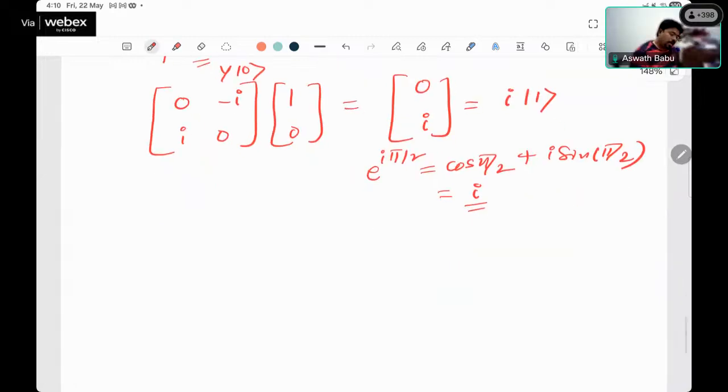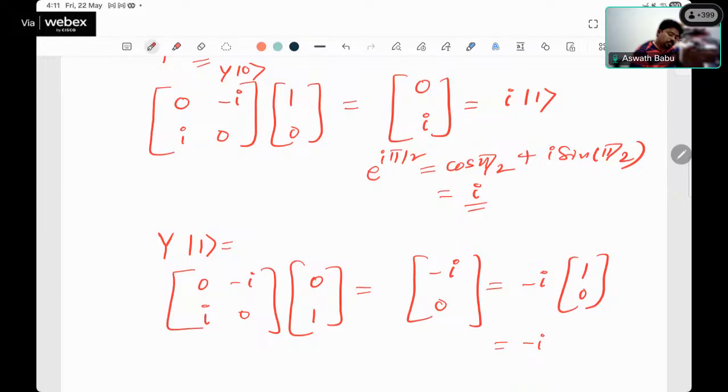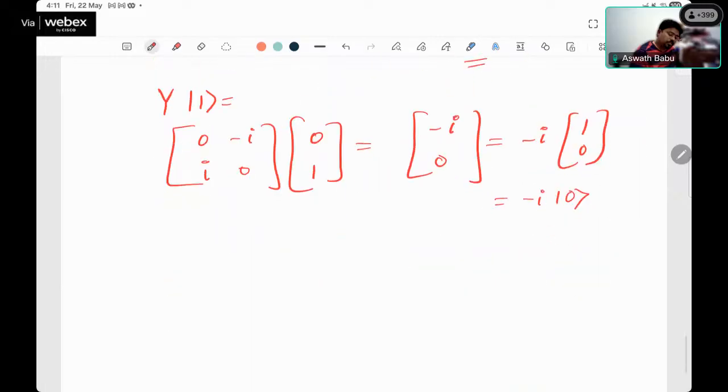Okay. For example, if you act Y on 1 ket, what is this? This is 0, minus i, i, 0 acting on 1 ket. What is 1 ket for you? 0, 1, which is going to be minus i, 0, which is minus i into 1, 0, which is minus i into 0 ket. Okay. What is minus i?